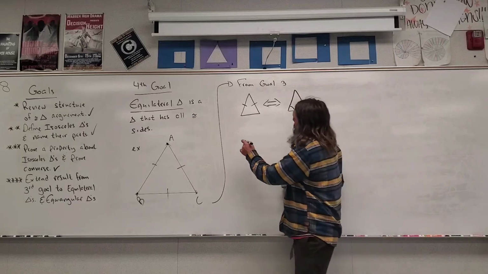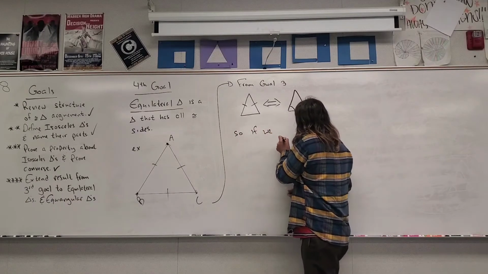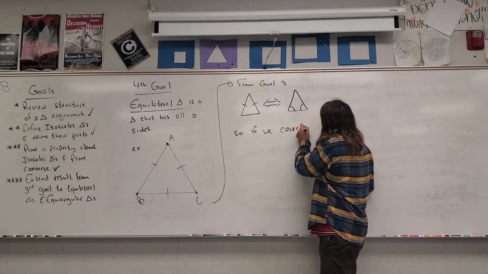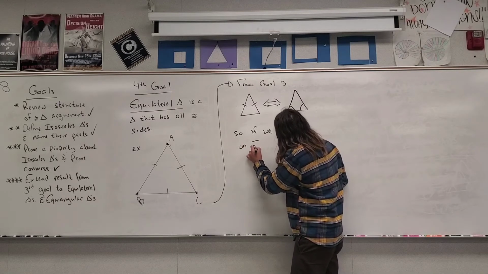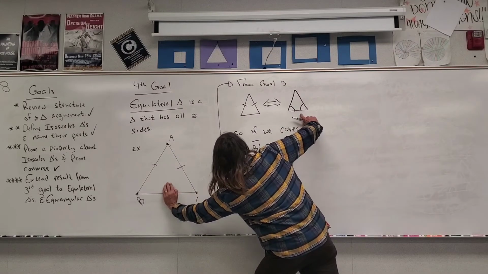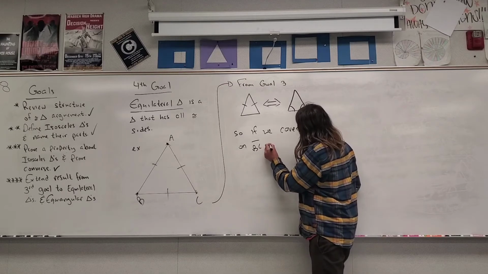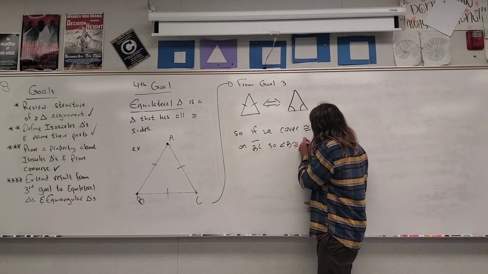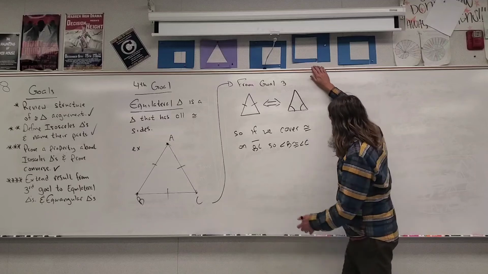So, if we cover the congruent mark on side BC, that means I can say that angle B must be congruent to angle C, by the property of isosceles triangles, right?